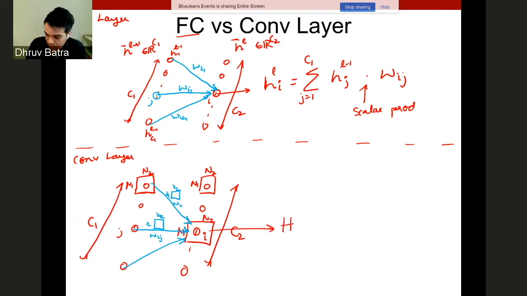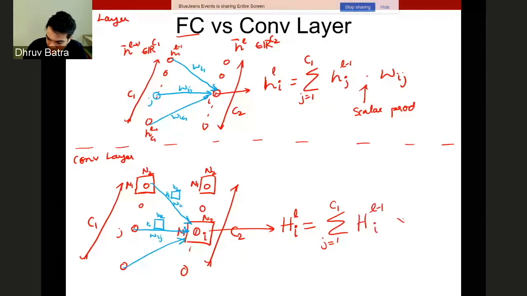And now let's write down how we'd actually compute. This object, I'm writing with capitals because these are matrices now, H^L_i, so the ith neuron, the ith channel, as it's called in CNNs, is an output similarly to the top. There is a summation over j, which is the number of input neurons or channels of H^(L-1)_j, except we will replace the scalar product by a convolution, a 2D convolution.